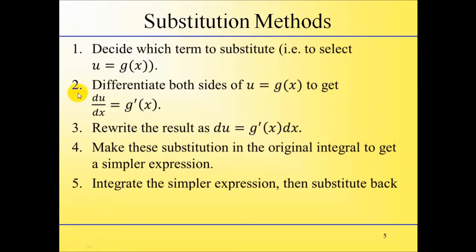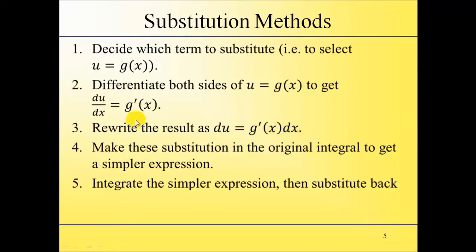The second is differentiate both sides of u equal to g x. If we differentiate, it is du over dx, and g x differentiated gives g prime x. Third is rewrite the result as du is equal to g prime x times dx.